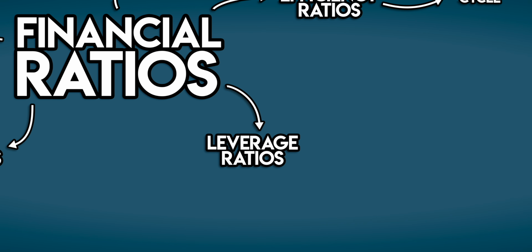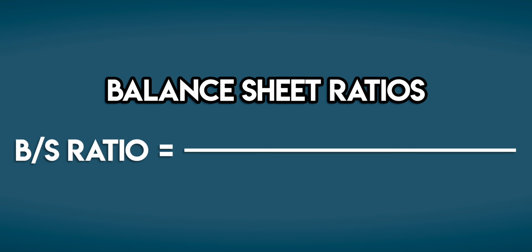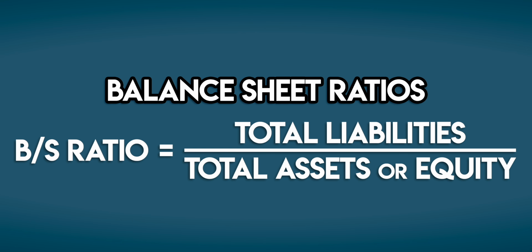Leverage is when you up your risk by taking on debt in order to maximize your return or reward. Leverage ratios can be split out into two categories: balance sheet ratios and income statement ratios. Leverage ratios in the balance sheet divide total liabilities by total assets or total equity.